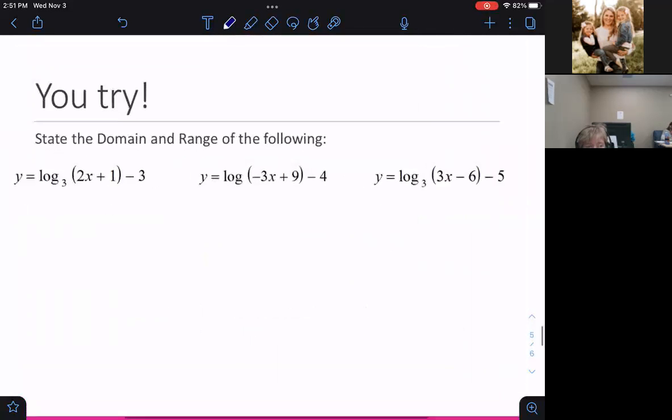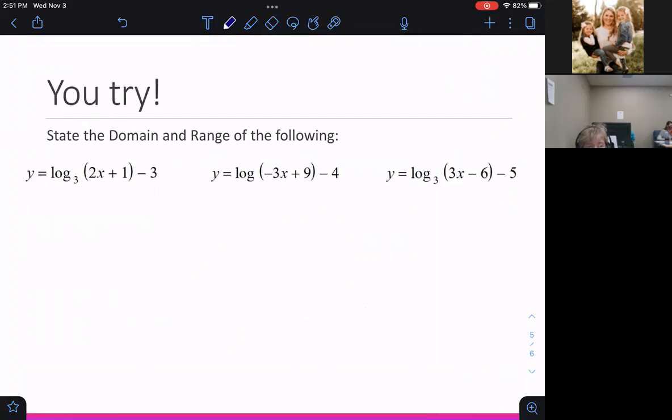So we've got a few for you to try. Try the first one. I'll give you a few minutes to try the first one.